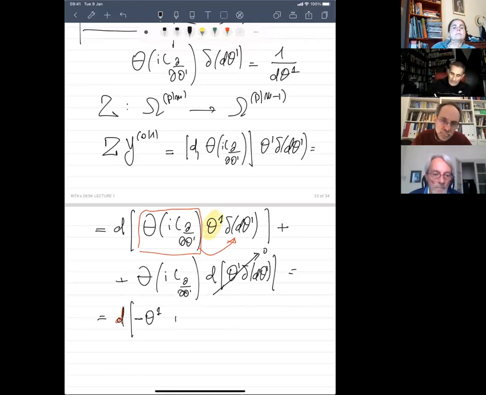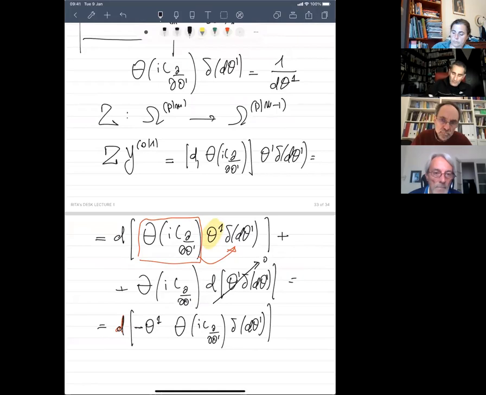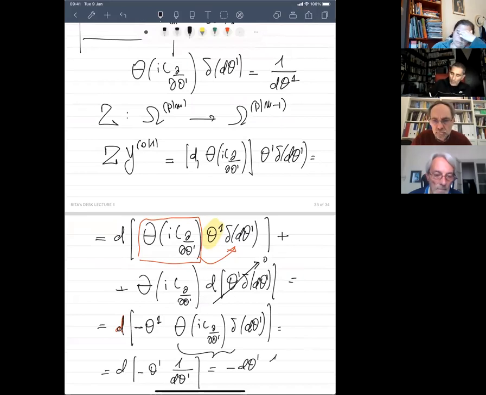So now I finally have θ of I of δ(dθ), the contraction ∂/∂(dθ^1), and then I have δ(dθ^1). Then I use what I was discussing before. I use this equation. This equation gives me minus θ^1 over ∂/∂(dθ^1). Then finally, let's do the last calculation and get minus dθ^1 over dθ^1. And so this cancels with this, and I get minus 1.